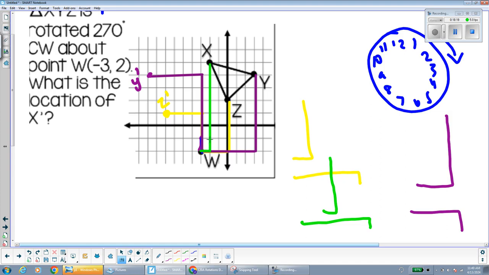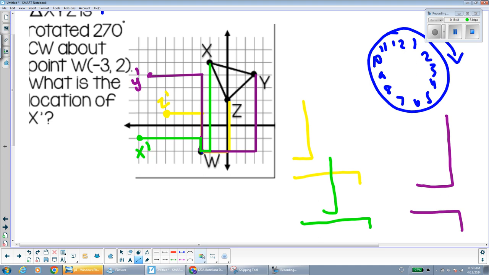So that's 1 over and 1, 2, 3, 4, 5, 6, 7. So 1, 1, 2, 3, 4, 5, 6, 7. And that is the point X prime.